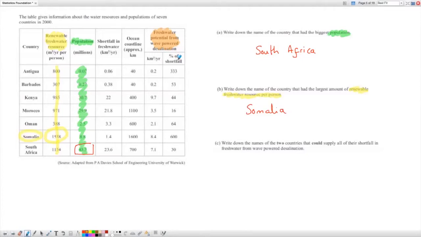So we are looking at any percentage that is over 100. So we have here and here are 2 options, Antigua and Somalia again. So we're looking for the values that are greater than 100, Antigua and Somalia.